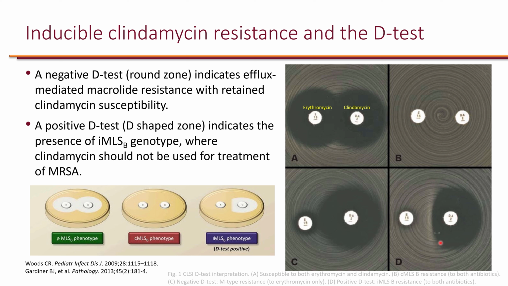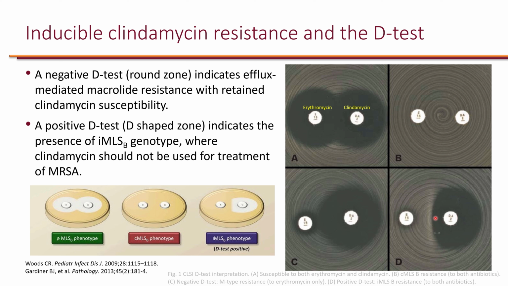So instead of having a complete circular shape, Staphylococcus aureus was actually resistant in the area over here. The Staph aureus over here got induced, and it's actually resistant to clindamycin. Whereas on the other side, you don't really have erythromycin over here, so it did not induce resistance to clindamycin. So you have a zone of inhibition, and what that means is that you have a D shape.